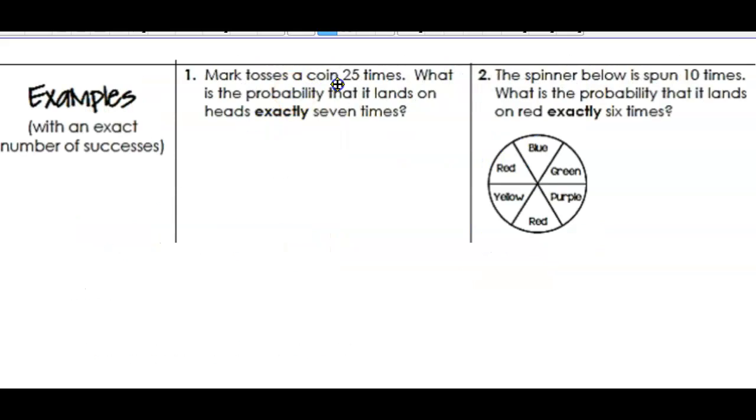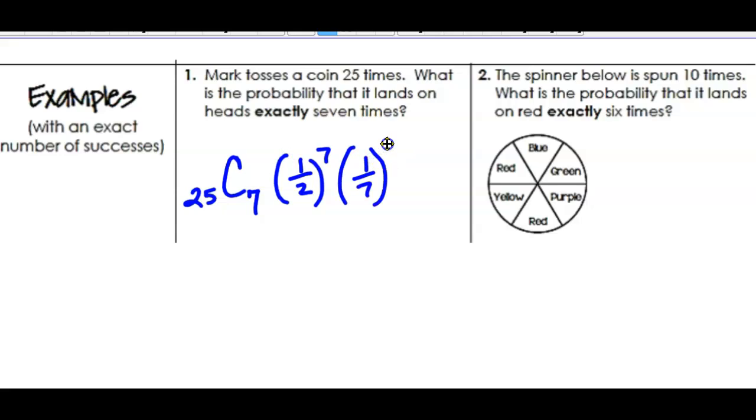So Mark tosses a coin 25 times. What is the probability that it lands exactly 7 times on heads? If we were doing the formula, we would say 25 times, and we want it to land exactly 7 times on heads. Well, the probability of heads is 1/2. The probability of failing is also 1/2, and that would be the remaining 18 times.